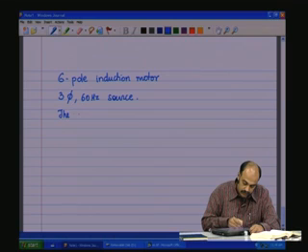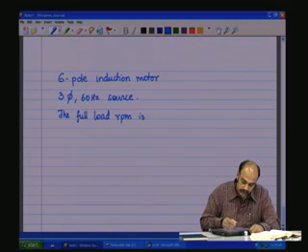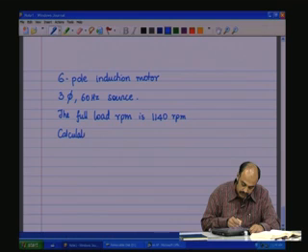The full load RPM is 1140 revolutions per minute. Calculate the slip.